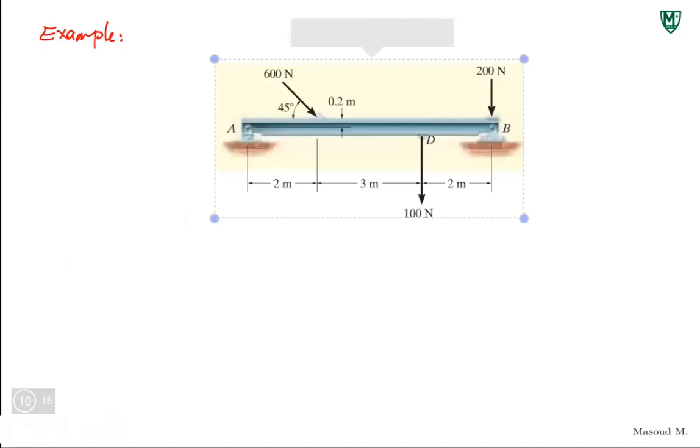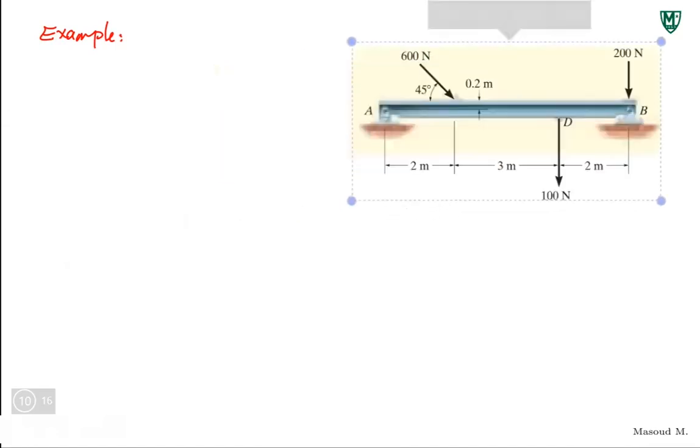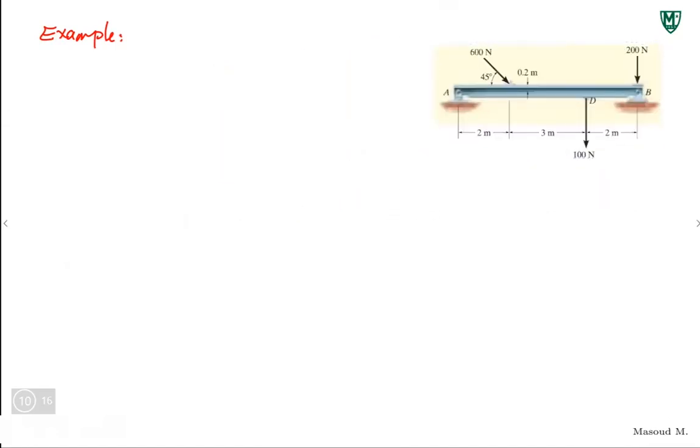All right, let me bring that. Make sure I'm going to bring the right one. There we go. So I have this beam. It's supported on both ends, right? They have reactions. We have a pin support here, and we have a pin support here.